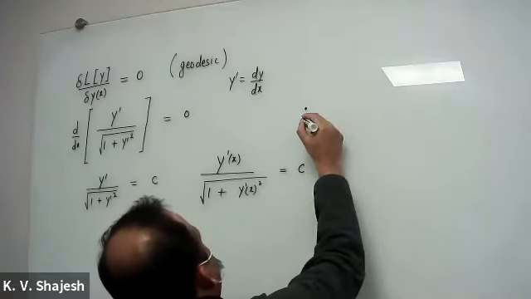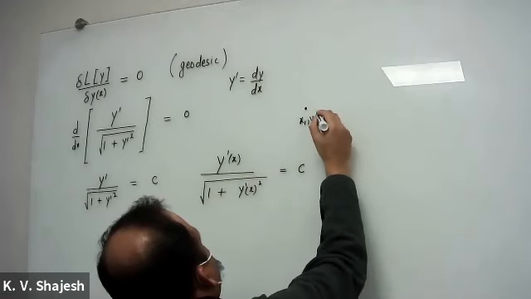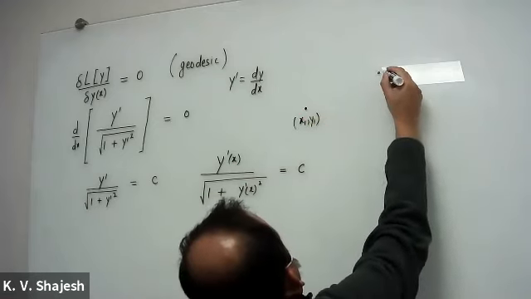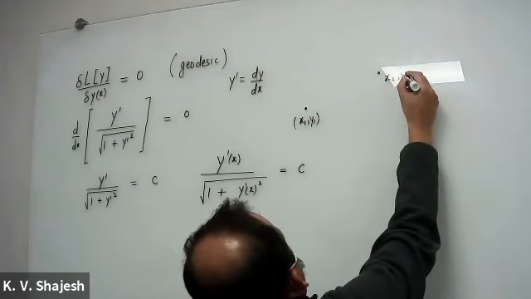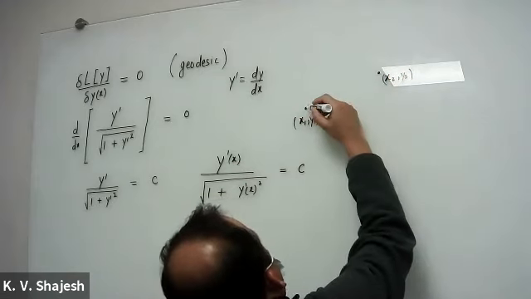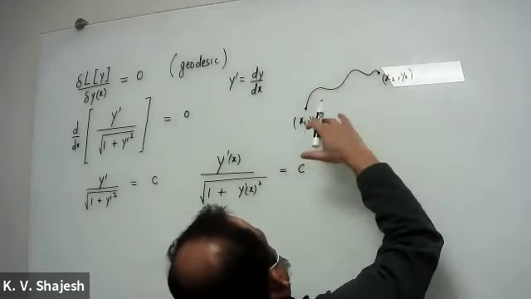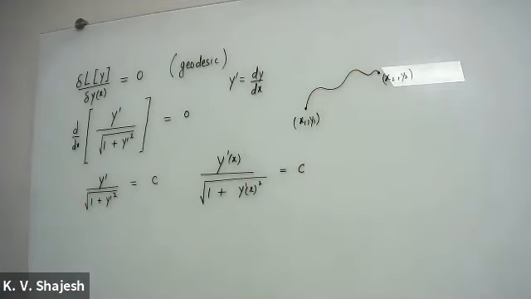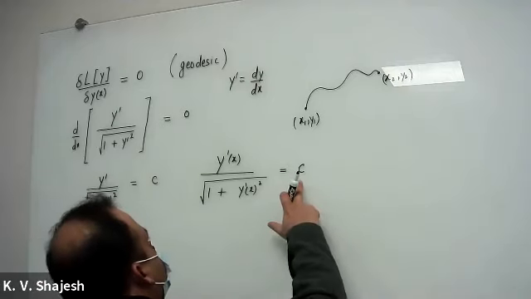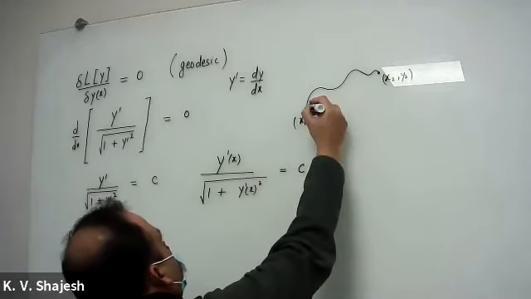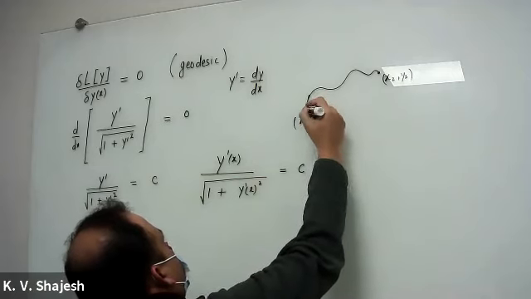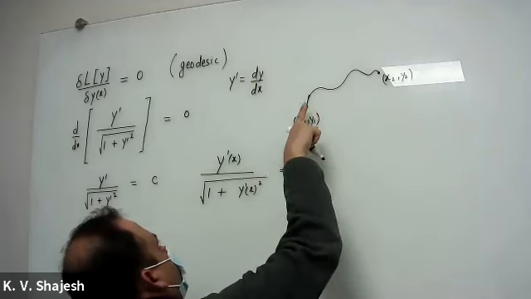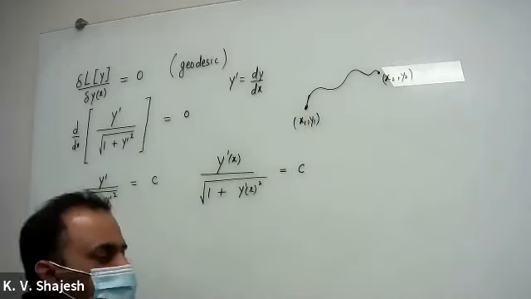So it seems like I can find C. Remember your point here was x1, y1 and x2, y2. And we're talking about which path actually is equal to 0, but somehow the C has the information of this tangent here. So whatever the path is, you take the derivative.